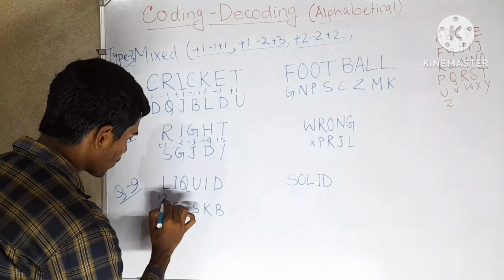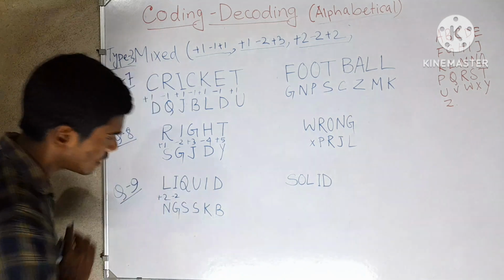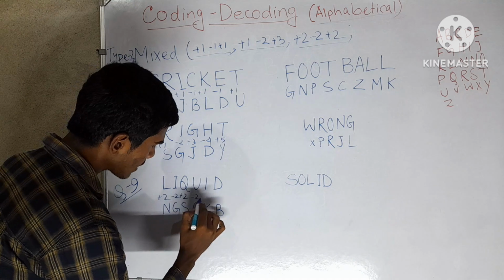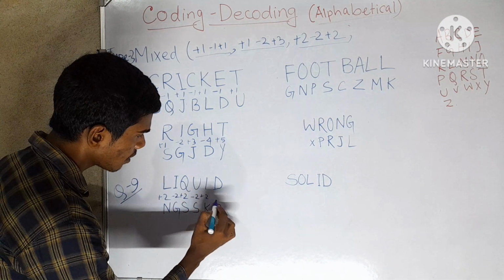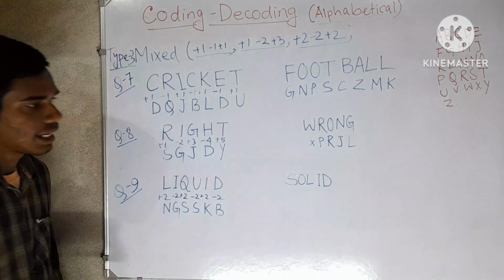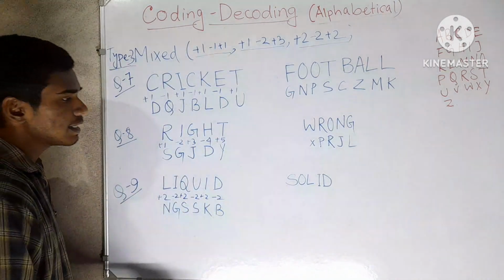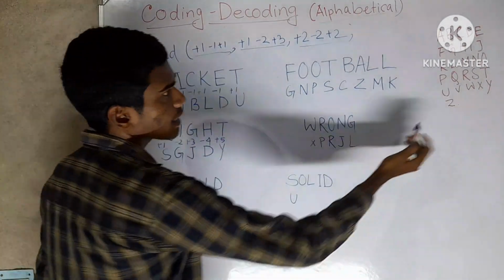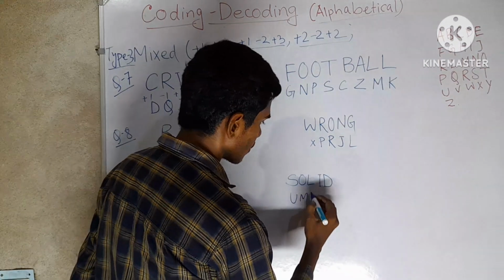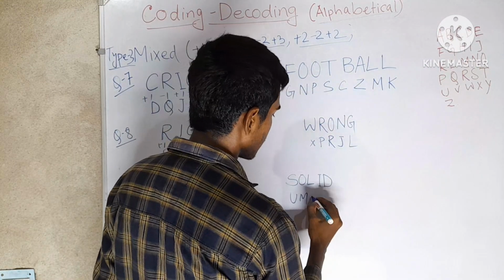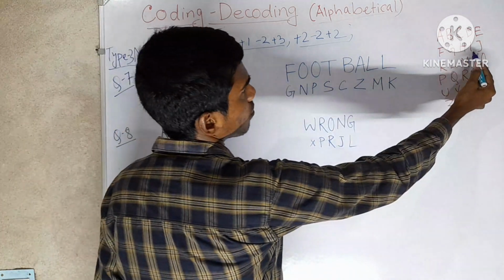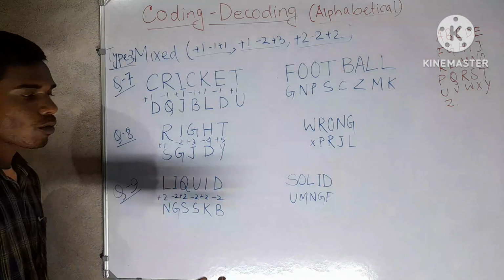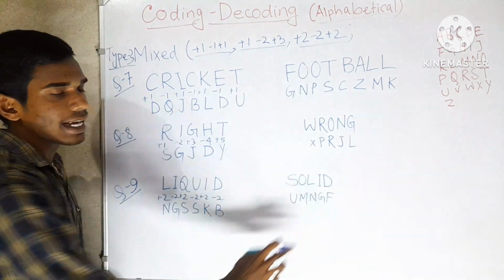L plus 2 is N, I minus 2 is G, Q plus 2 is S, U minus 2 is S, I plus 2 is K, D minus 2 is B. In the same way, solid is coded as S plus 2 is U, O minus 2 is M, L plus 2 is N, I minus 2 is G, D plus 2 is F. So the code for solid will be UMNGF.